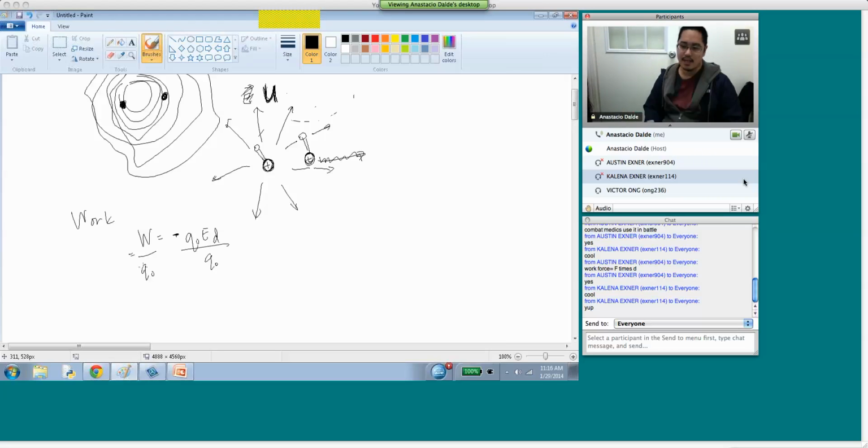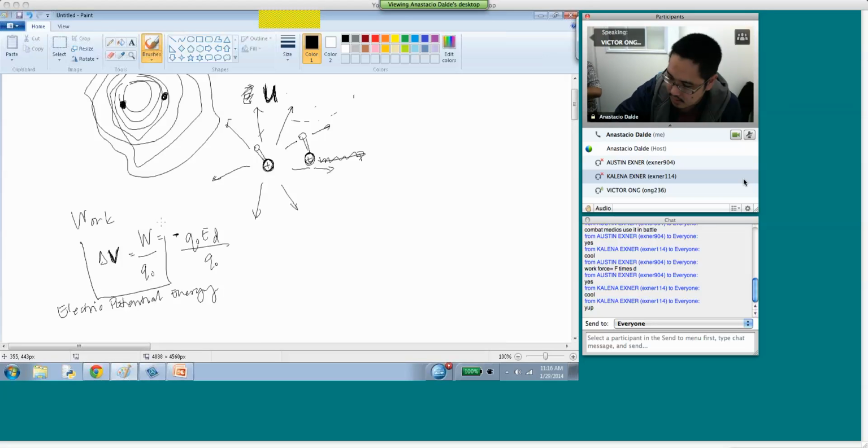All right. And if I divide by Q naught, this part right here is how I define delta V, which, my friend, is what we call the electric potential. So it's equal to negative W over Q naught.